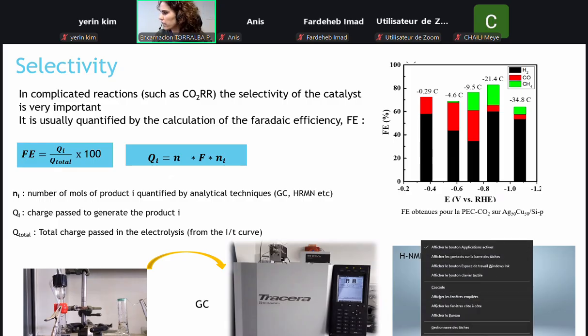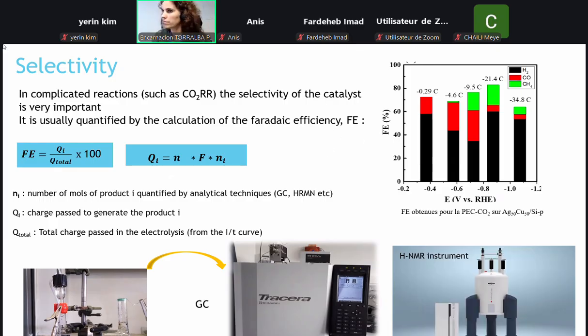The selectivity of a catalyst. Yes, we are here. But when we are talking about selectivity, in general, what is the selectivity of a reaction? You don't know? Okay, if you don't know.